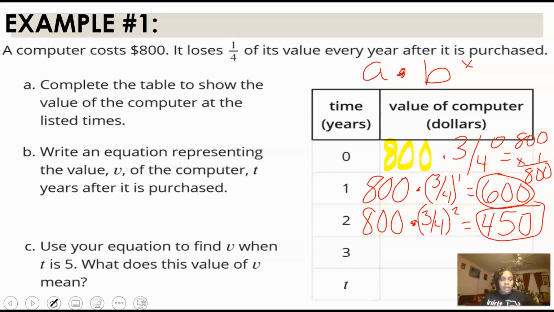Okay? And then you have 800 times 3/4 to the third power. And then that's 3/4 times 3/4 times 3/4. Okay. Well, we know 3 times 3 times 3 is 27.